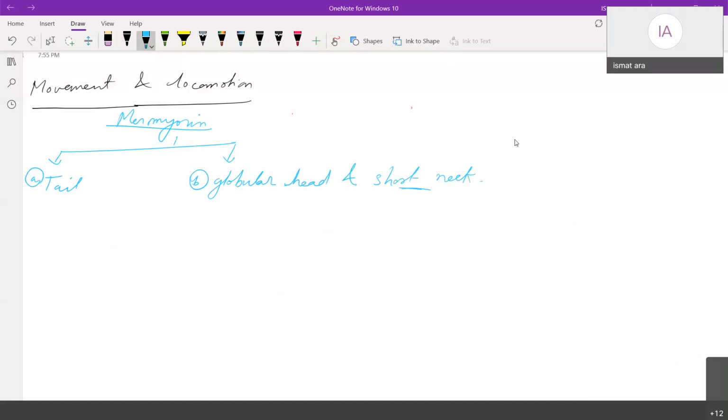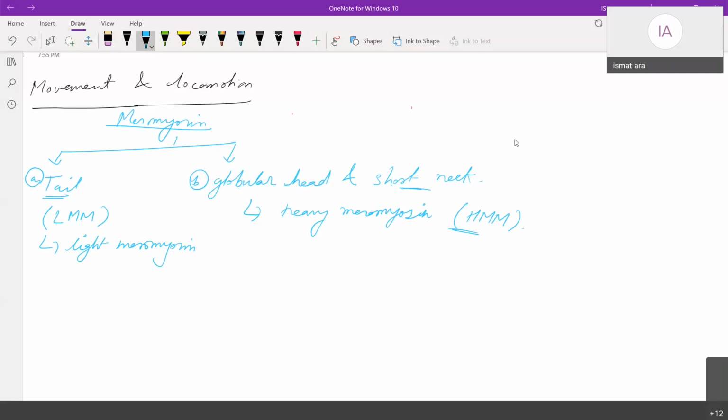Now, is this tail portion light or heavy? The tail consists of light meromyosin, LMM. And the head consists of heavy meromyosin, that is HMM.